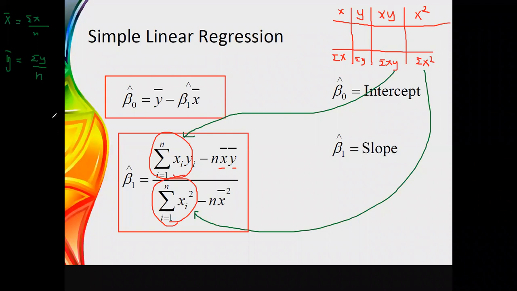Then you have to use the formula to calculate beta 1, and then use this value here to calculate the value of beta naught. Therefore, this is how we are using this technique to calculate the parameters beta naught and beta 1.